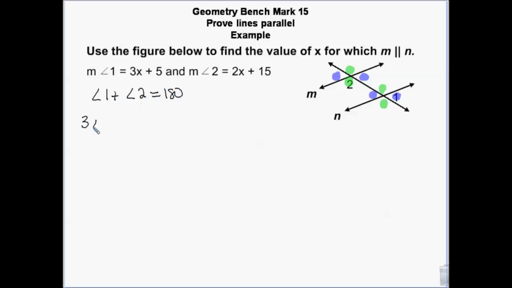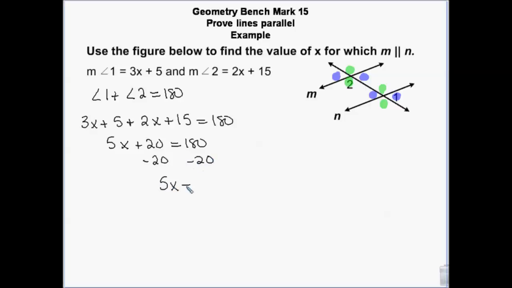So I have 3x plus 5 plus 2x plus 15 equals 180. So 5x plus 20 equals 180. Subtract 20. 5x equals 160. Divide by 5, and x equals 32. So 32 is the x that you have to put in order for those lines to be parallel.